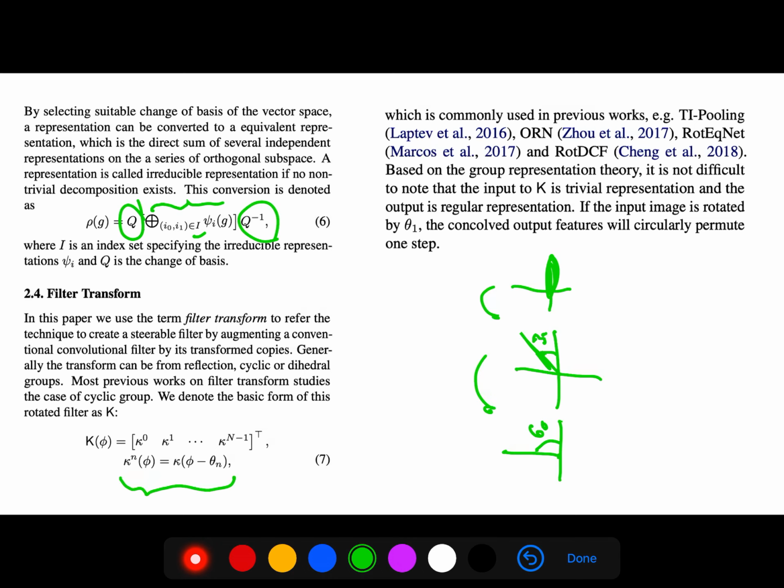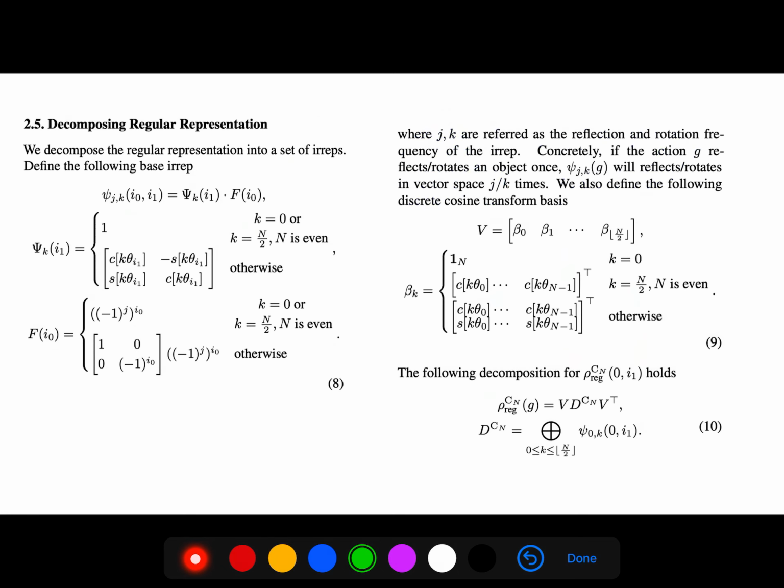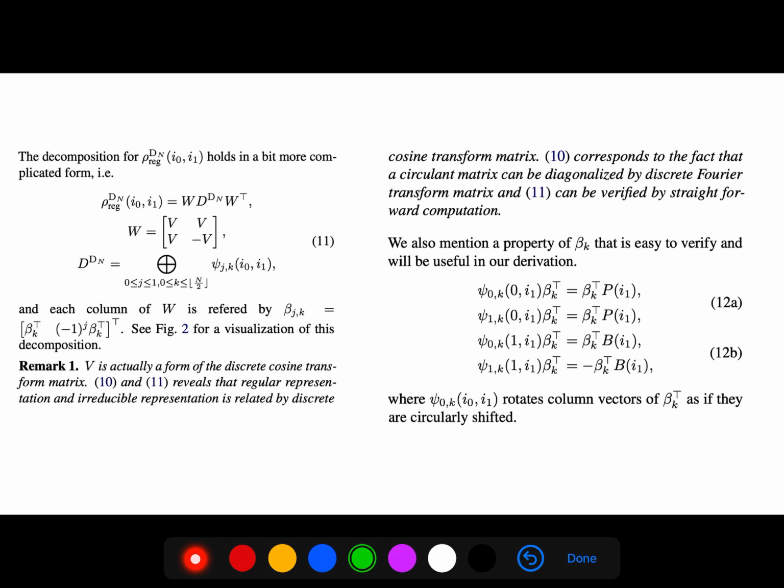For example, when we say 60 degrees, we just permute 2 times to get this. That's why we are represented with that group. So this is the regular representation; we decompose into regular representations. We try to make it left invariant, or related to the permutation group.